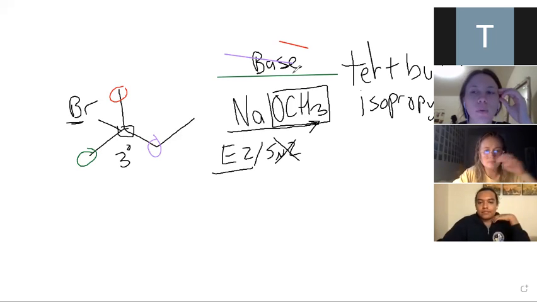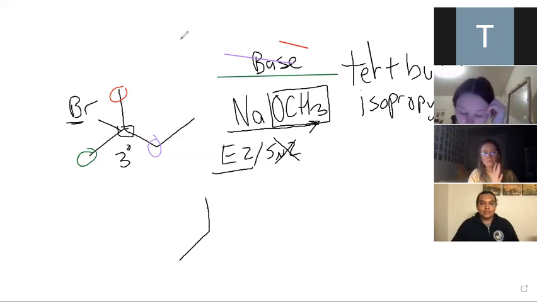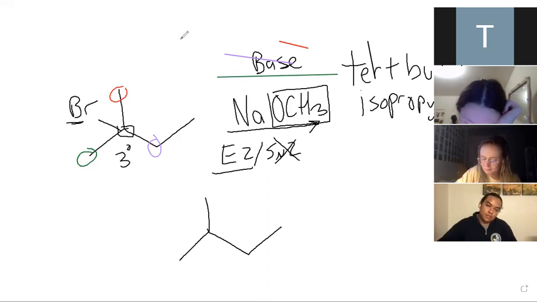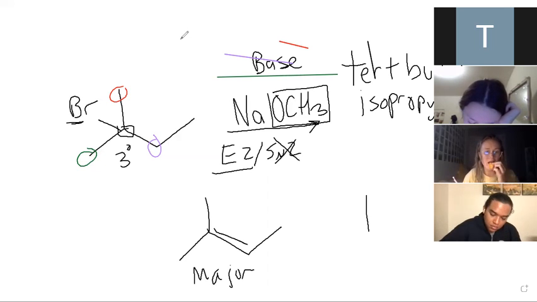I want to say the purple one since the other ones have 3 hydrogens. Correct, right? So that's a good way to tell that. So our major product is going to form here like that. Our double bond is going to form between the more substituted carbon and the carbon with the leaving group. This is our major. Our minor is going to be the other one.